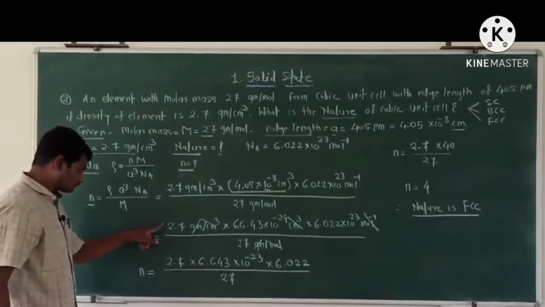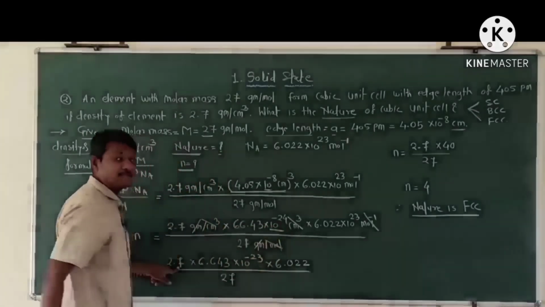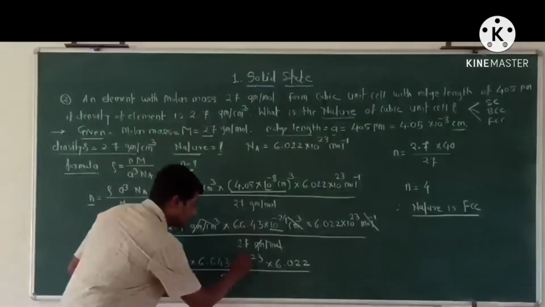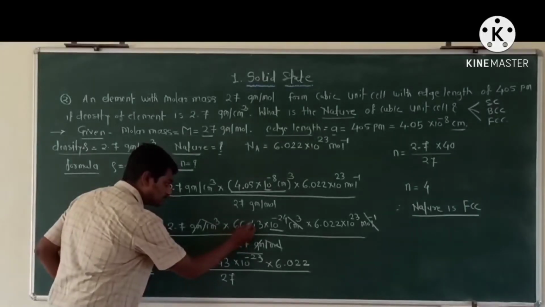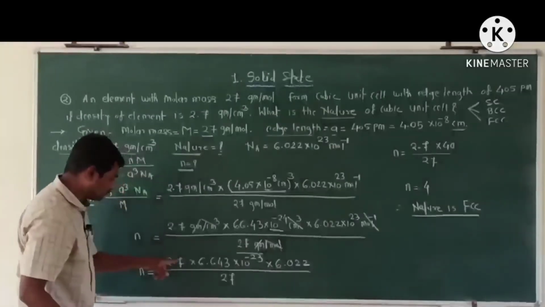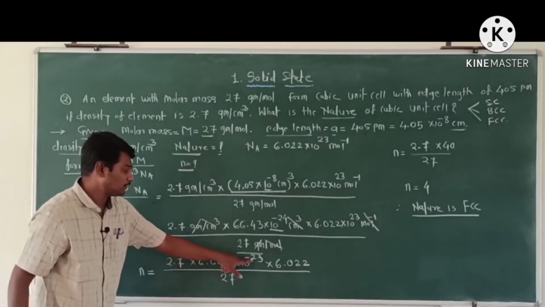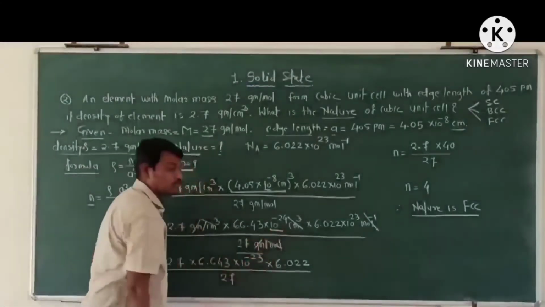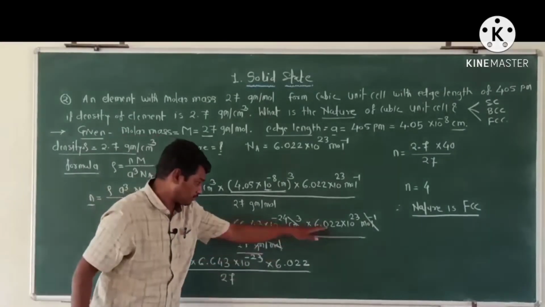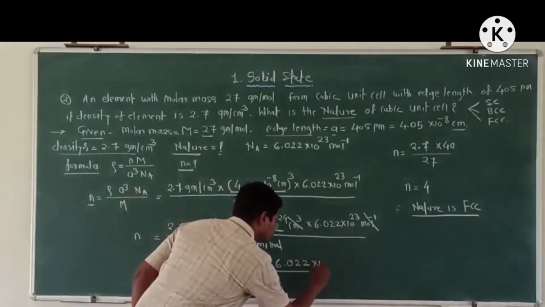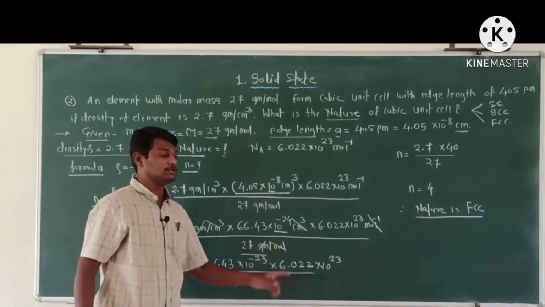Now 2.7. This 10 raised to minus 24 is converted into 10 raised to minus 23, and the decimal point shifts to the left, so it gives 6.643 into 10 raised to minus 23. Avogadro's number remains as it is, 6.022 into 10 raised to 23.